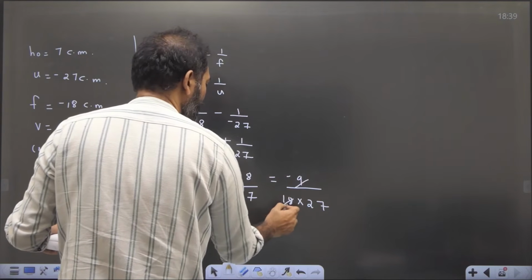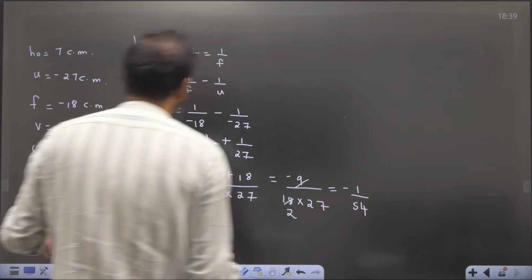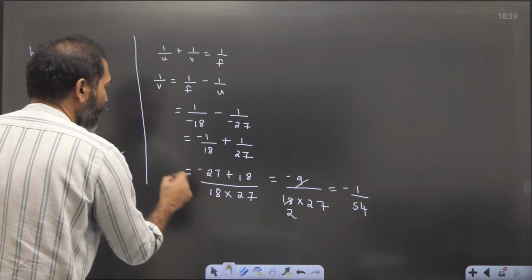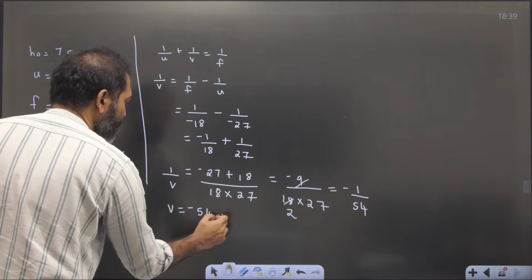Minus 9 cancels, and it becomes minus 1 by 54. So 1 by V equals minus 1 by 54, so V equals minus 54 centimeter.